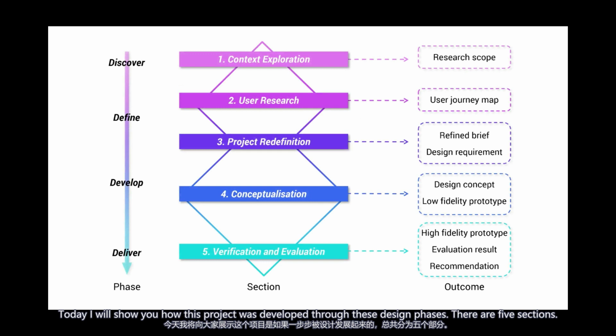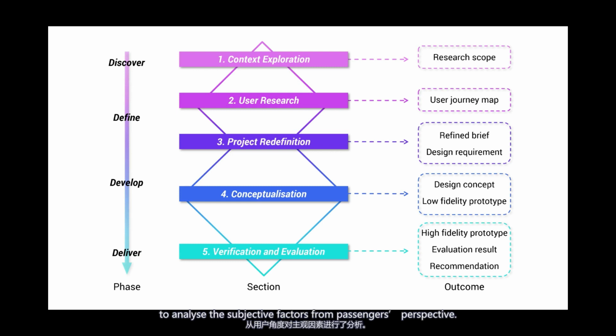There are 5 sections. The first is context exploration from literature review, focusing on the objective factors in the context. The second is user research. Several user-centered methods were used to analyze the subjective factors from passengers' perspective. Then the project will be redefined with a concrete design goal, based on the valuable insights from the previous 2 sections.